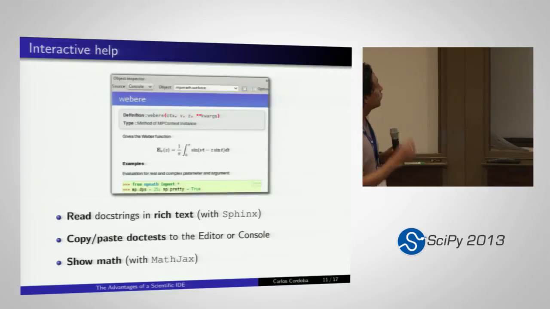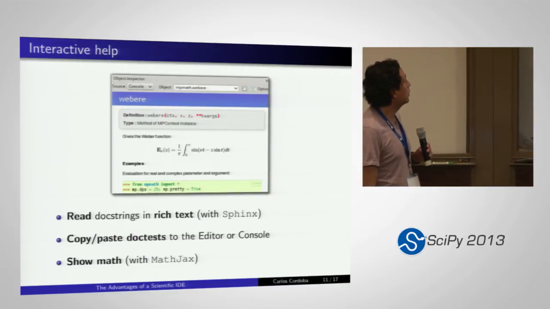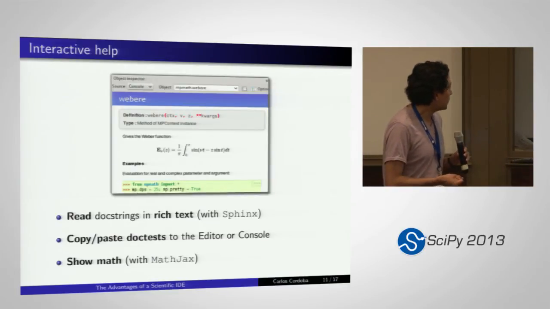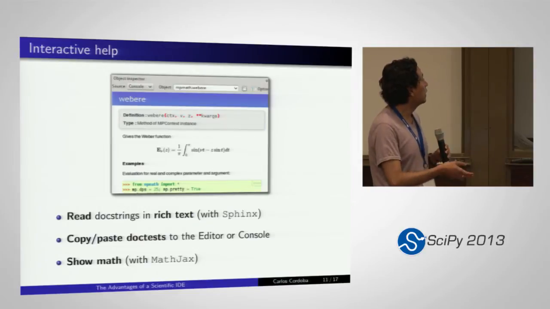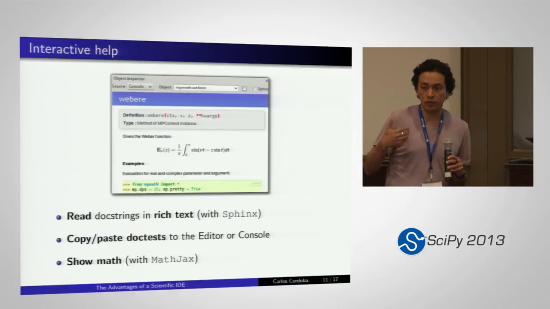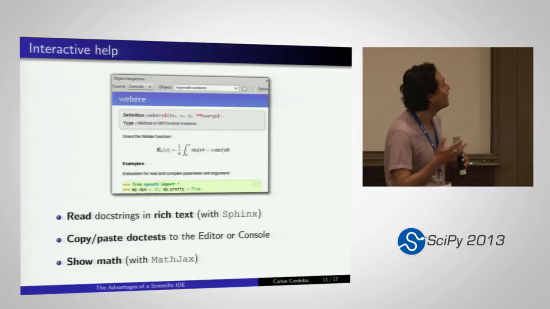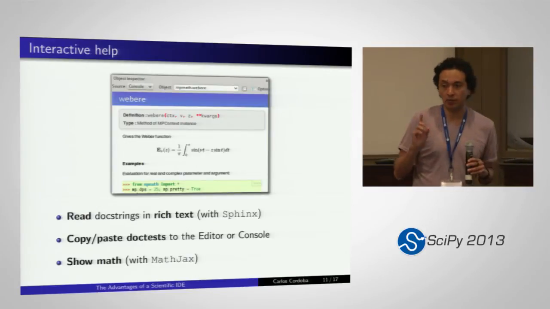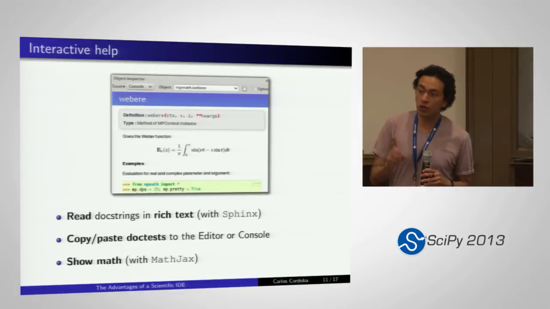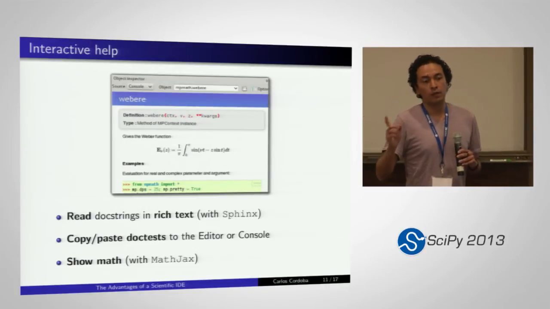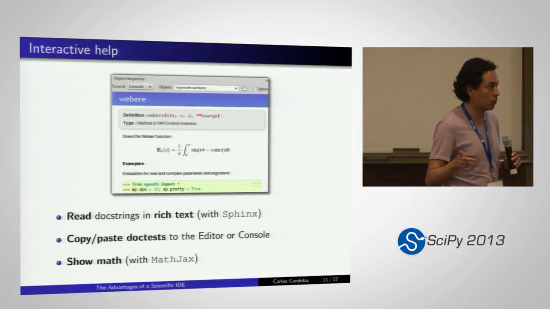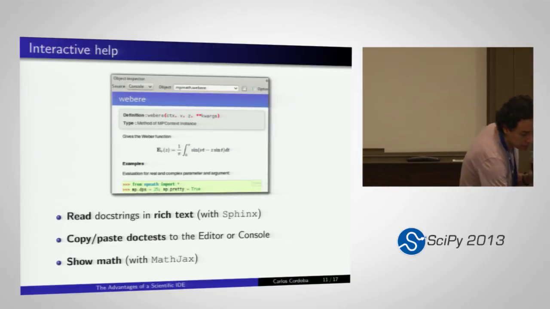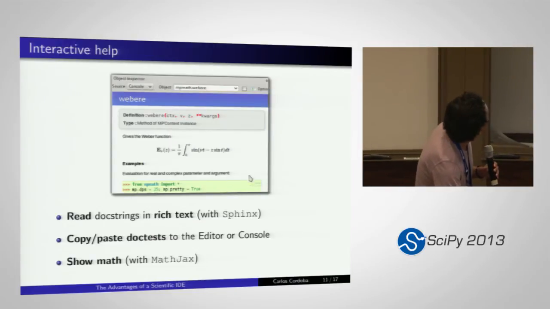We also have an interactive help widget, as I told you. That widget can read docstrings and render them in rich text using Sphinx. The user can easily copy and paste doctests from those docstrings either to the editor or to the console, as can be seen here at the bottom.